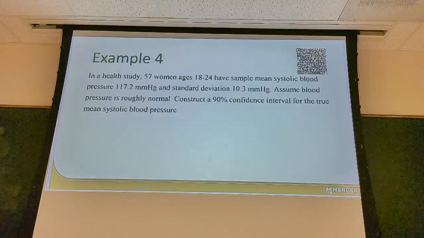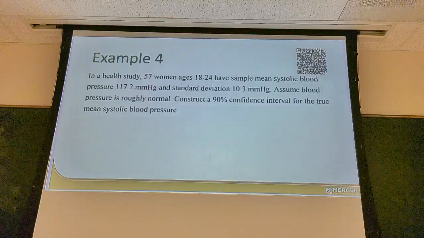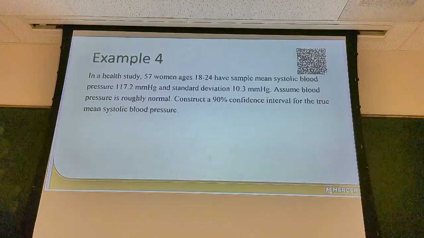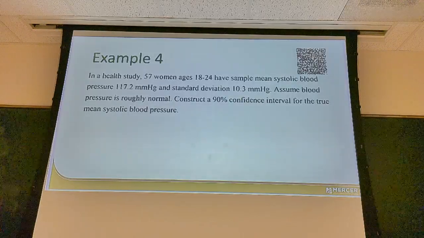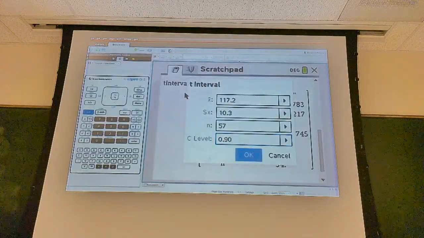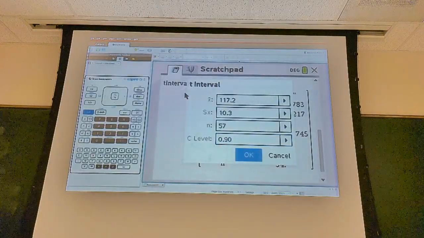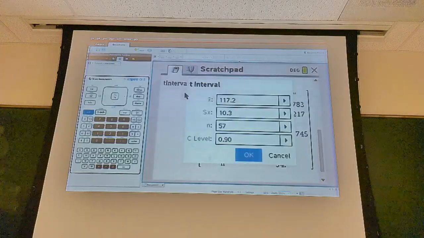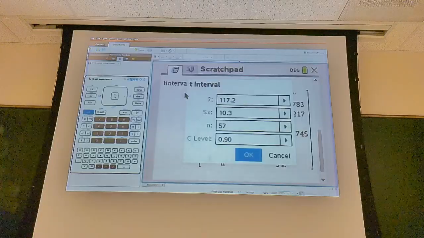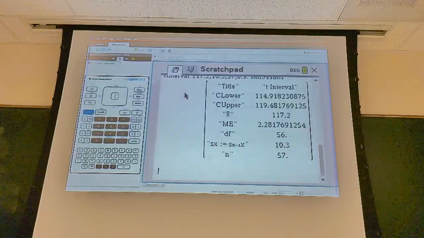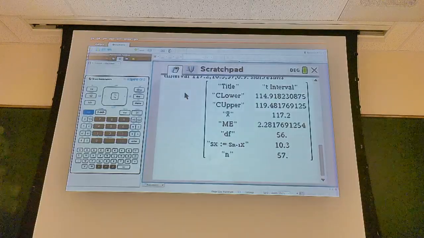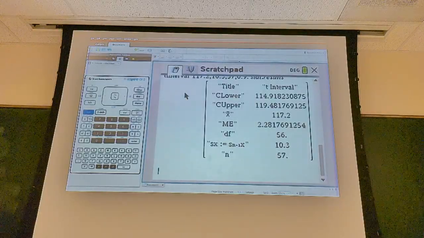And what is the confidence level? 90. Put it as a decimal. Does that look right? So we get 114.92 to 119.48.